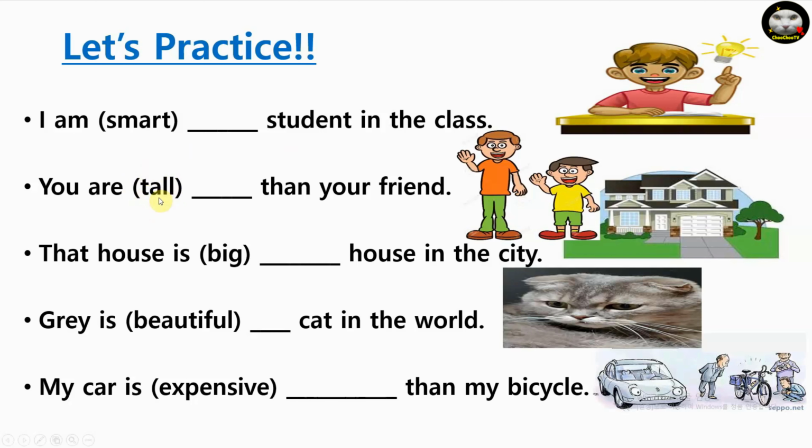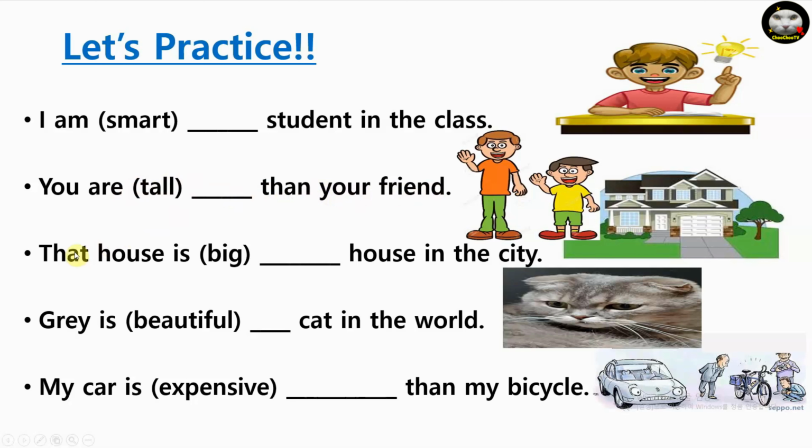The adjective tall is only one syllable, and it's a small word, so we know it's going to follow rule number 1, and we're going to change the spelling. So, you are taller than your friend. A comparative sentence with rule number 1, adding ER. You are taller than your friend.